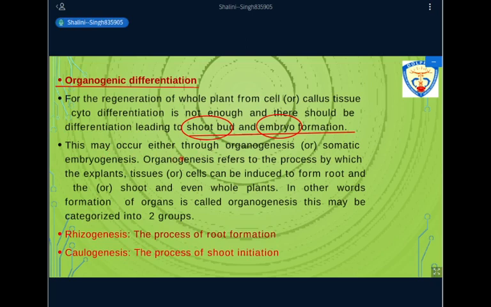So this may occur either through organogenesis or somatic embryogenesis. I hope these two terms are clear to you: one is organogenesis and the second is somatic embryogenesis.